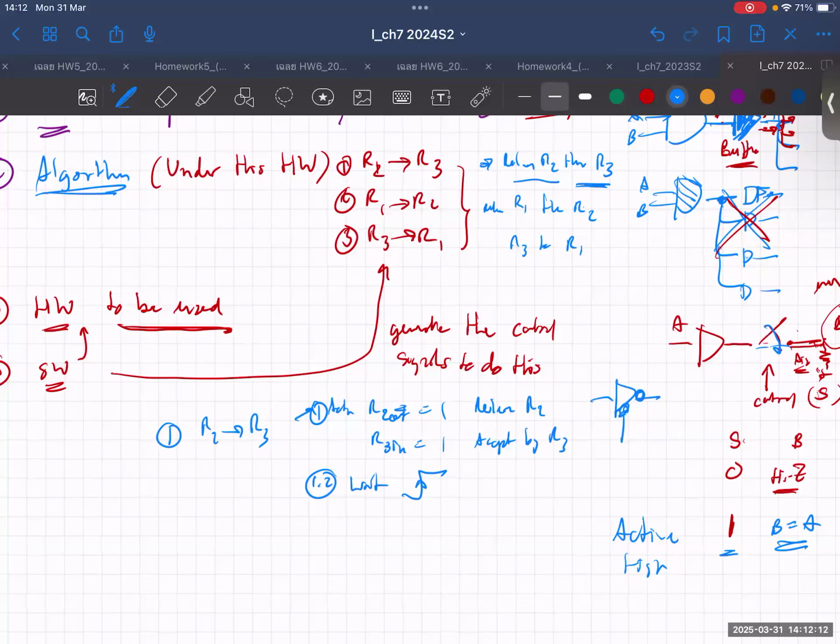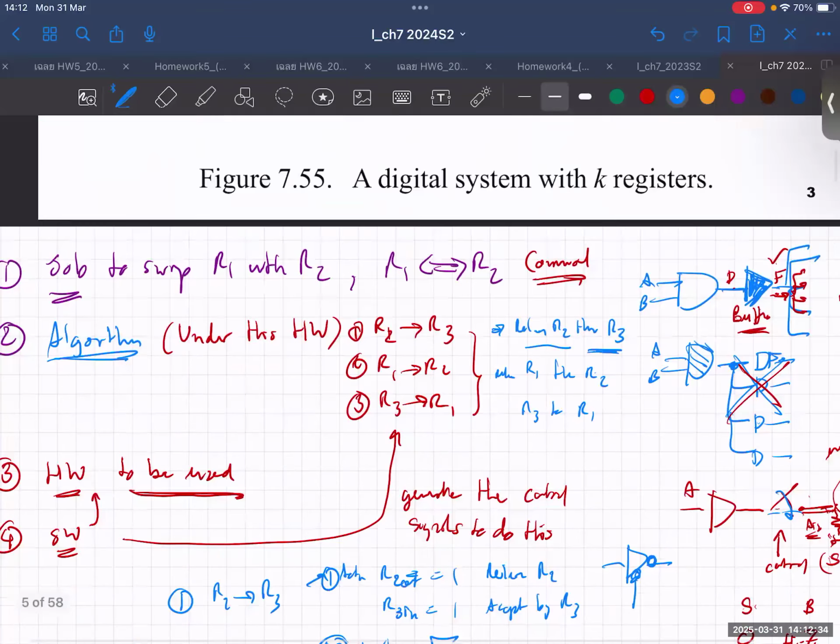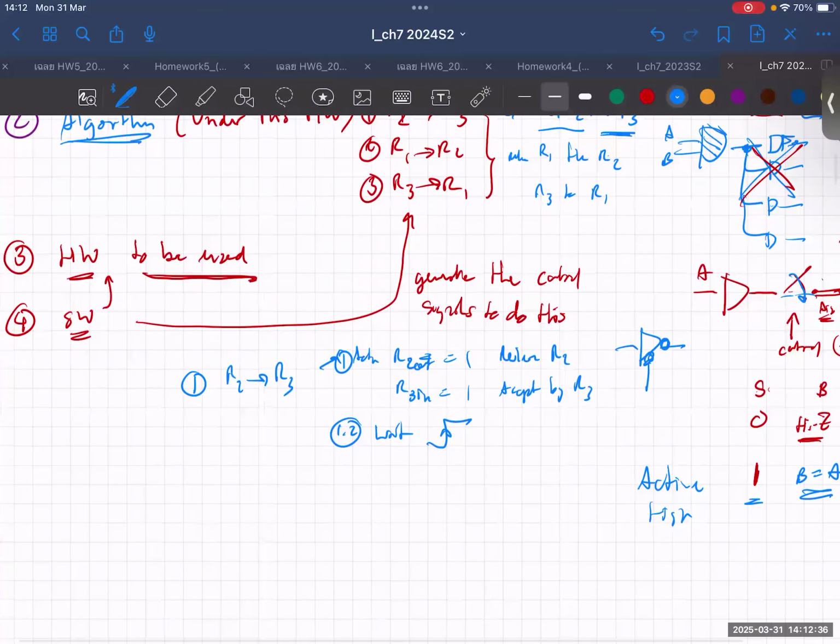And what is the type of clock that you're looking for? By looking at this signal, it's the rising or falling edge. Still remember? Yes, it's a rising edge, right? So you have to give a rising edge to let that happen, because the data is released, but R3 can store it only when the clock edge comes.